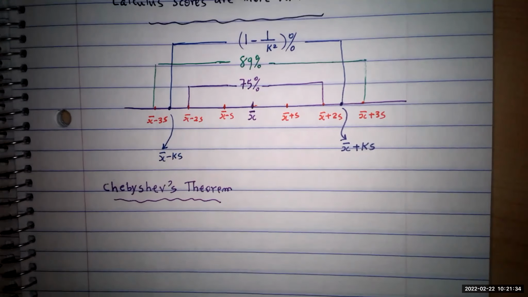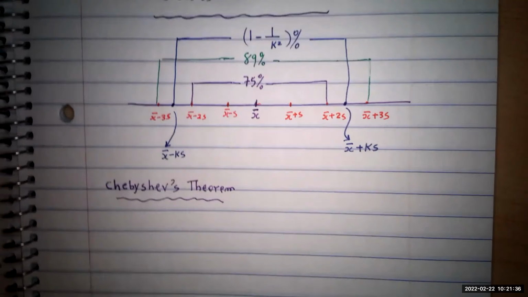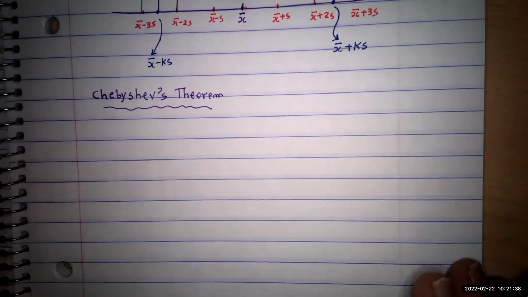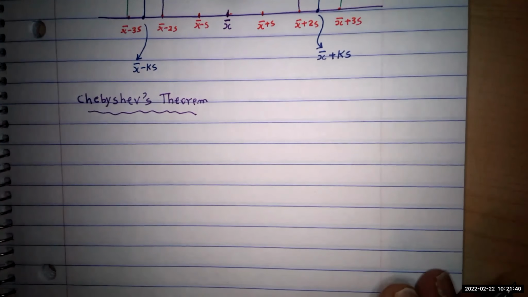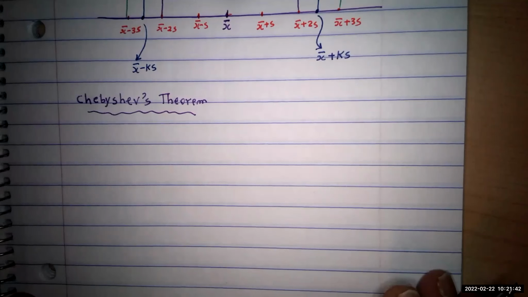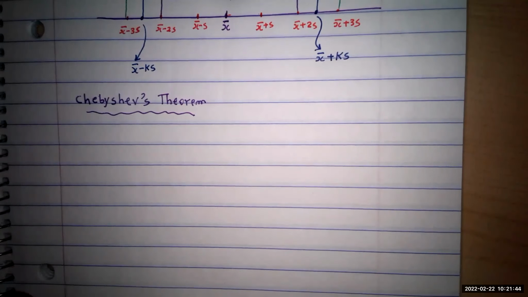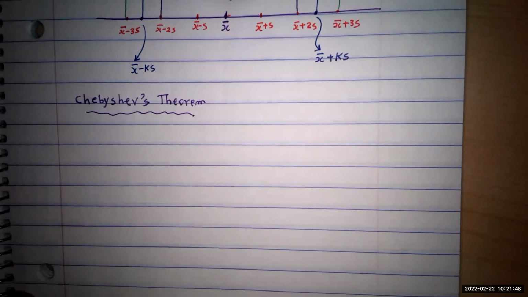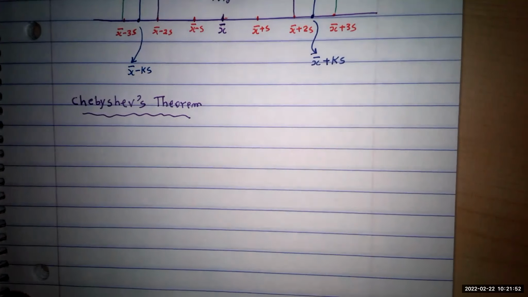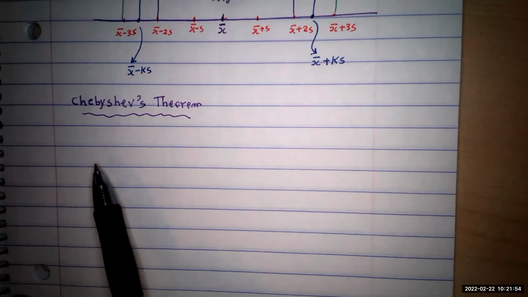He got many results in pure mathematics. If you study advanced mathematics, you will see a Chebyshev function, Chebyshev inequality, Chebyshev norm, Chebyshev space. It's all over the place, really. He got such great ideas and theorems in what we call analysis, mathematical analysis.